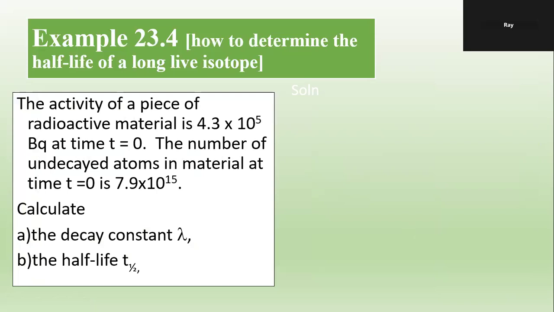The activity of a piece of radioactive material is 4.3 times 10 to the 5 becquerel at time t equals 0. The number of undecayed atoms in the material at t equals 0 is 7.9 times 10 to the power 15. Calculate the decay constant. What is your answer?